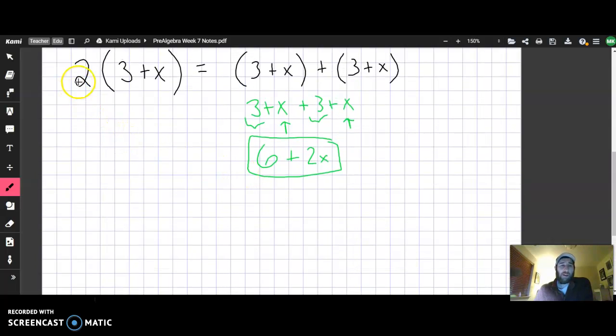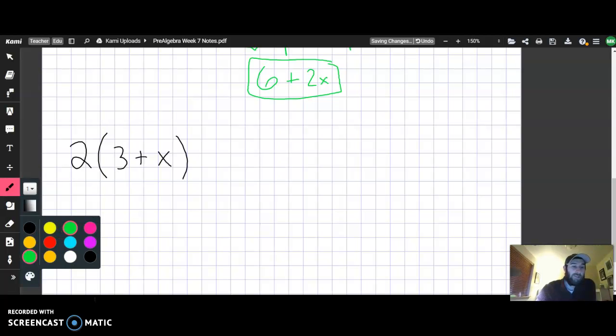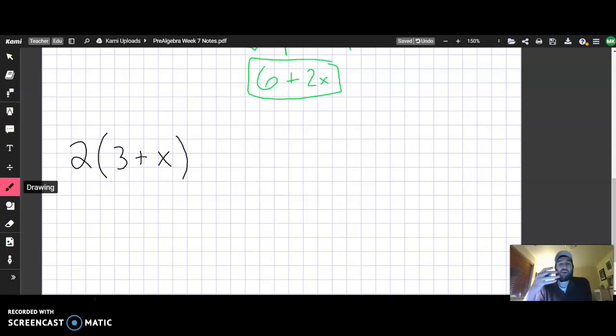Notice that in 2 times 3 plus x, the 3 and the x here are both doubled. And that makes sense because we have 2 of them. But if we have 2 times 3 plus x, what we can do instead is actually multiply that 2 by everything in our parentheses.